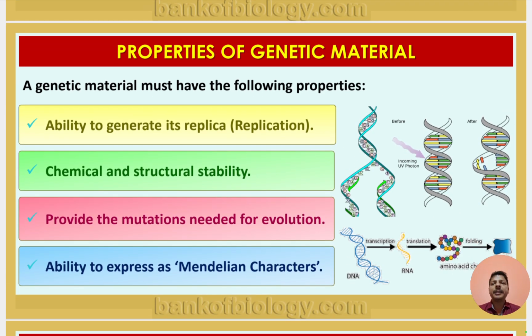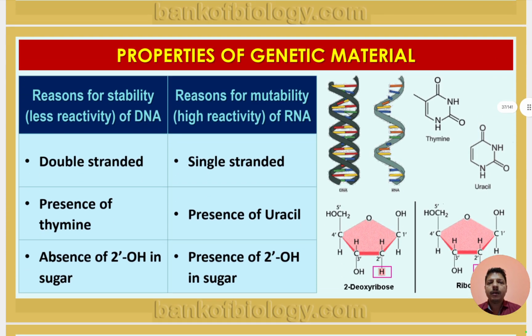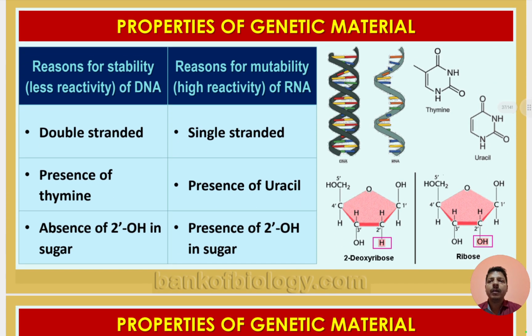A genetic material must have the following properties: ability to generate its replica, chemical and structural stability, provide the mutations needed for evolution, and ability to express Mendelian characters. The reason for stability of DNA is that it is less reactive.